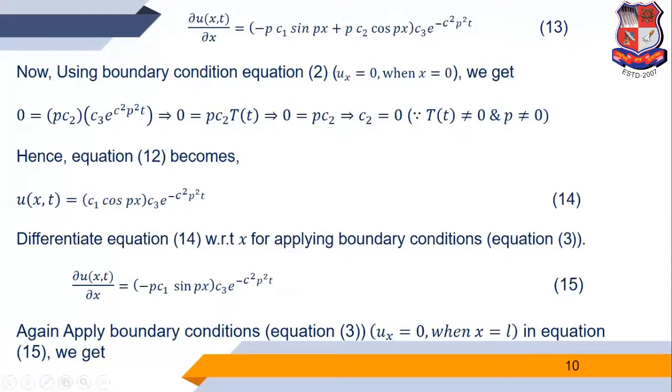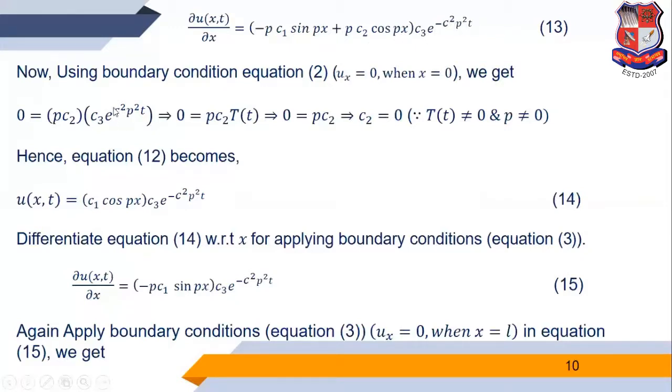We are applying the boundary condition equation 2. Ux is 0 when x is 0. So 0 is equal to pc2 cos 0 is 1, sine 0 is 0. So therefore pc2 c3 e raised to minus c square p square t.